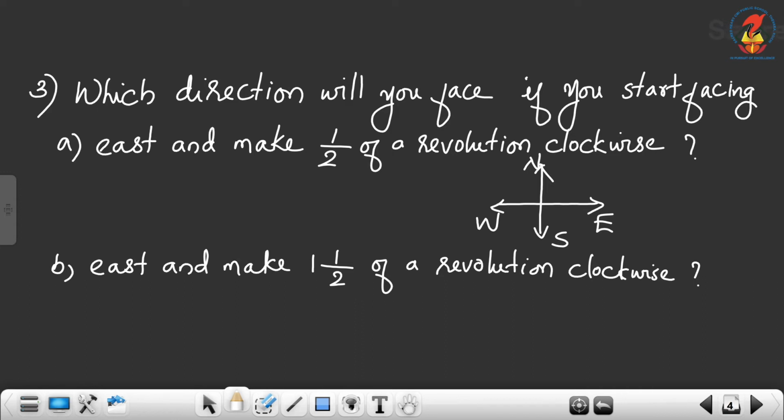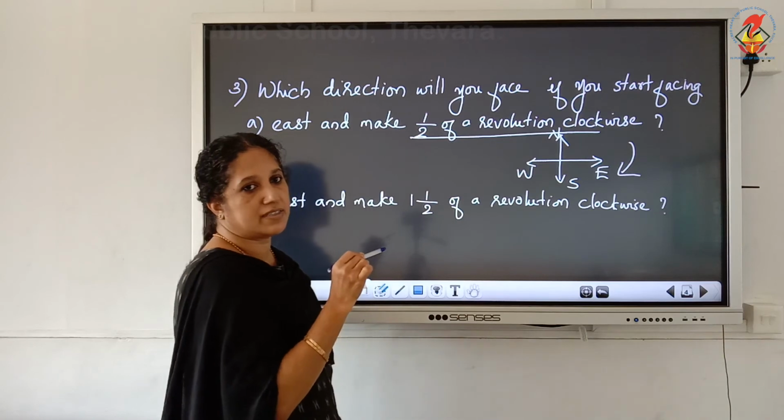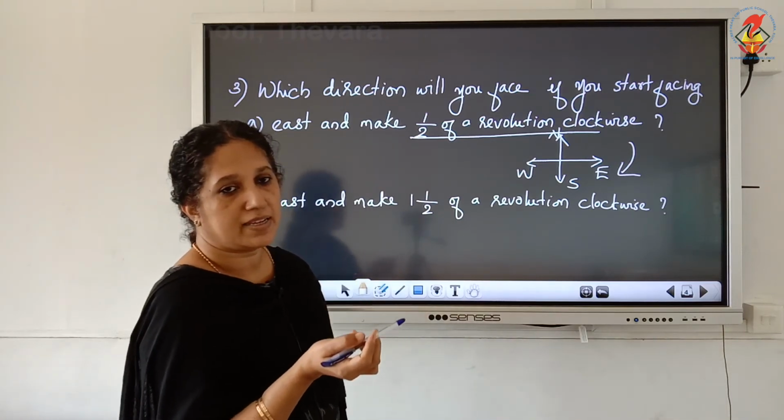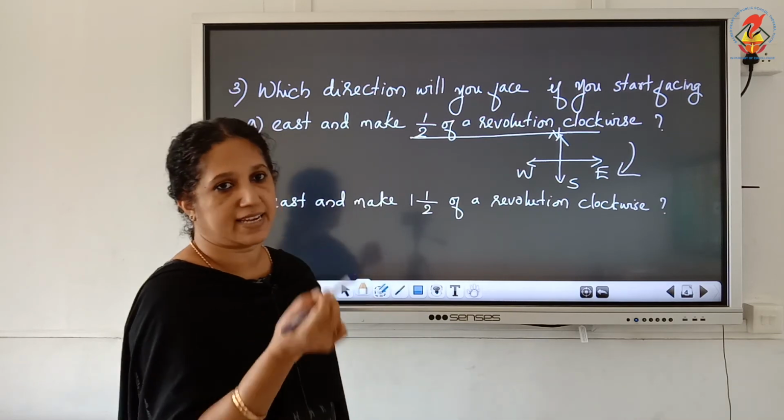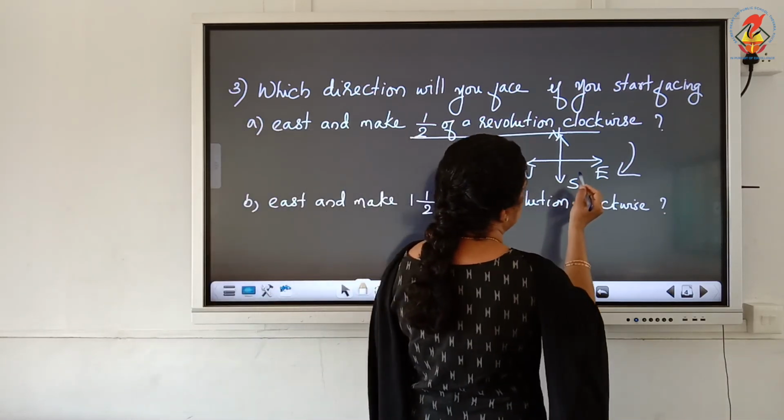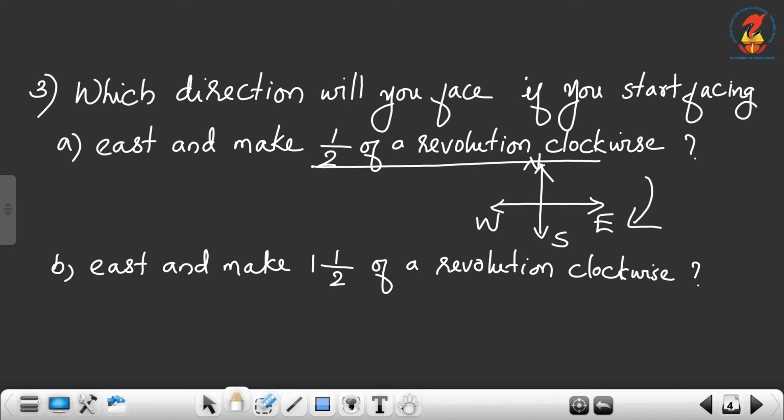You stand facing east, then take half of a revolution in the clockwise direction. Half of a revolution means the angle turned will be a straight angle. So what is the straight angle turn from east? You will reach west.